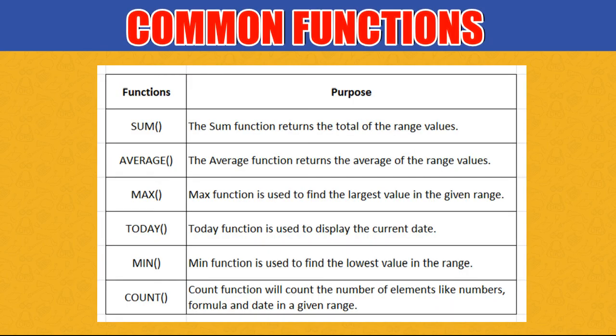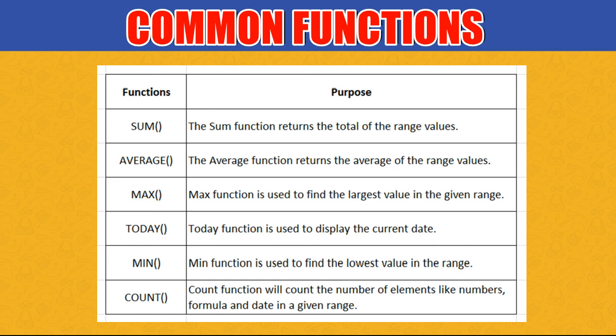Now moving towards some common functions. Sum. The sum function returns the total of the range values. Average. The average function returns the average of the range values. Max. Max function is used to find the largest value in the given range.